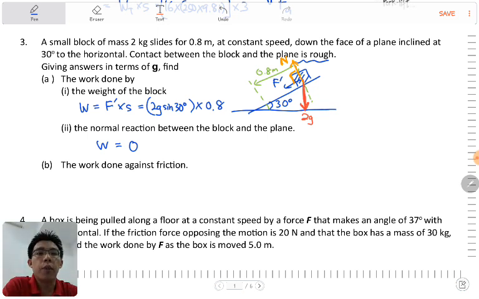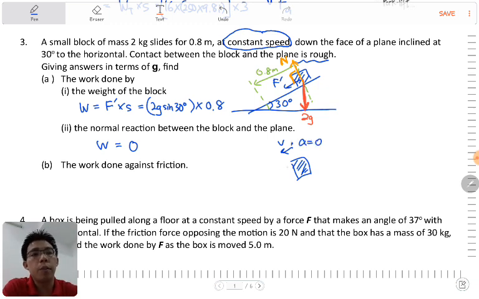Work done against friction. We are not informed about the magnitude of the friction, but we have a clue here. Let's look at these two words. Constant speed. Constant speed means that the block is not accelerating. It is just moving with a constant speed. That means it has 0 acceleration.